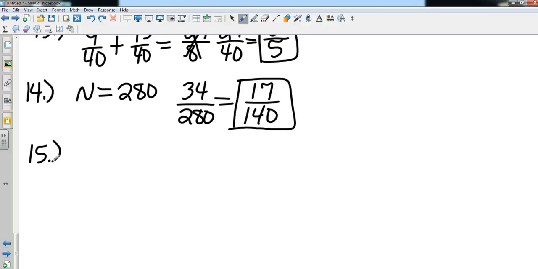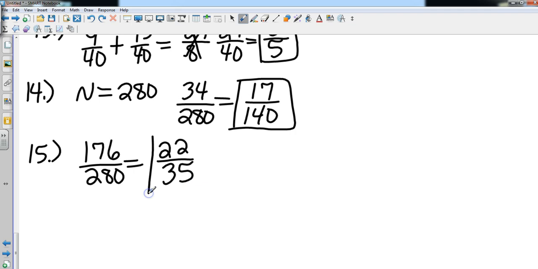So when I total that up, that comes out to be 176 over 280. Then I'm going to reduce that a few times, and through the magic of technology, we end up with a reduced number of 22 over 35. Again, that number 176 came from adding 8 plus 22 plus 34 plus 112, because those are all the people who have visited fewer than 4 stores.